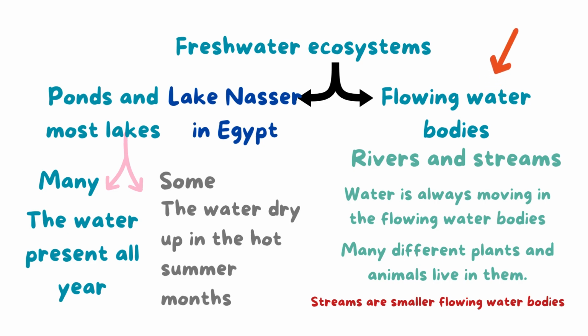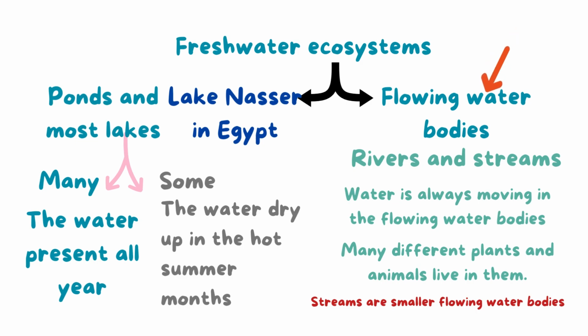This is the opposite of ponds and lakes, because ponds and lakes don't flow, okay? In rivers and streams, water is always moving, as they are flowing water bodies, and many different plants and animals live in them, okay?